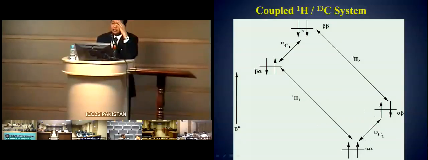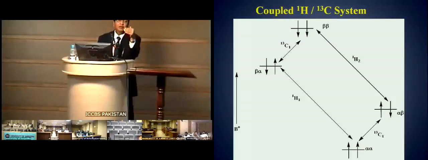And see, this has been deliberately made 4 times less than this, because the energy difference between the alpha and beta state of carbon is 4 times the energy difference of proton. If you think separately, the energy difference between alpha and beta state of proton and carbon is 1:4, right?